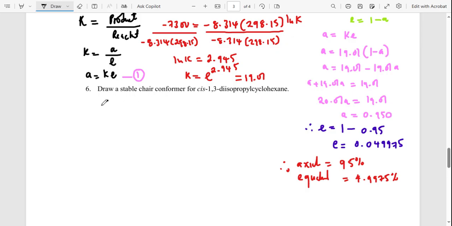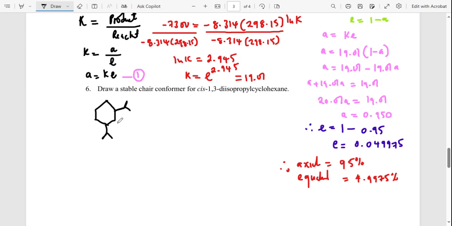So write the cyclohexane. 1, 2, 3, 4, 5, 6. 6 cyclohexane. So it is 1,3-diisopropyl. So at position number 1, let's say this is position number 1, we have got isopropyl. Isopropyl is like this. Position number 3 also has isopropyl, also like that. Okay, that's the one.